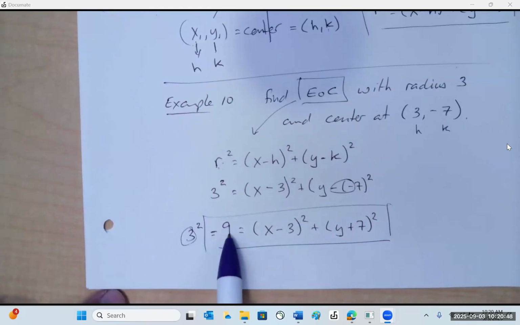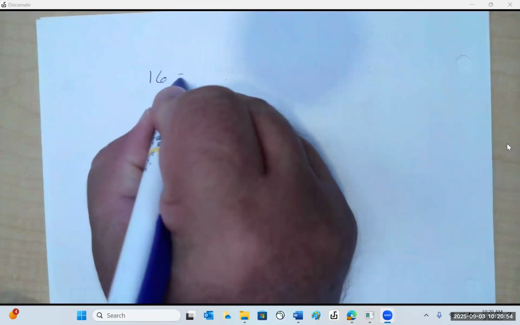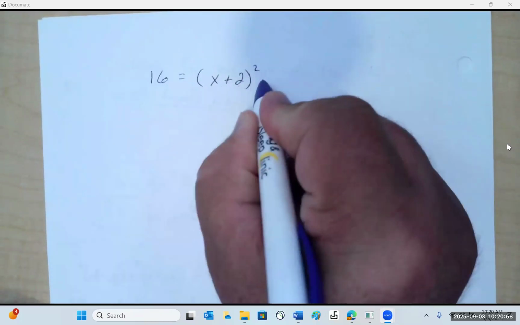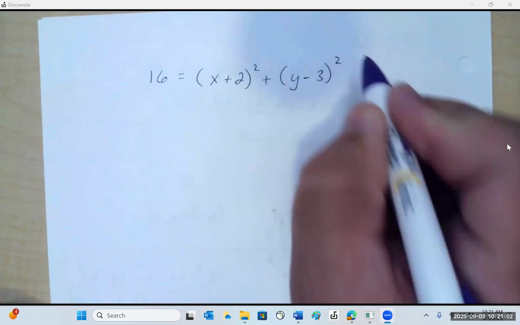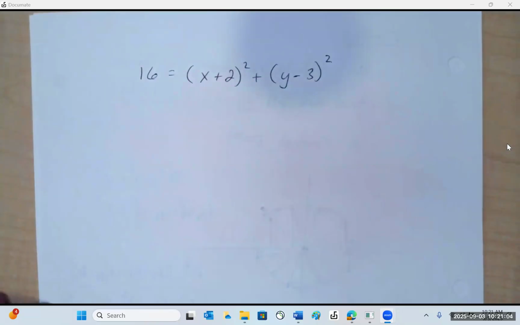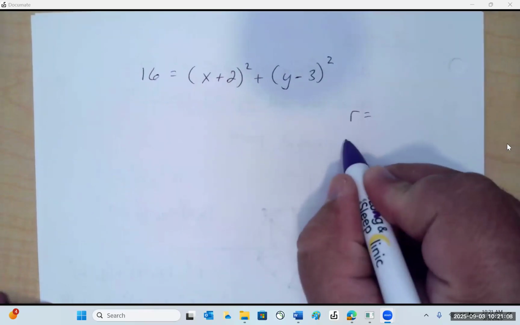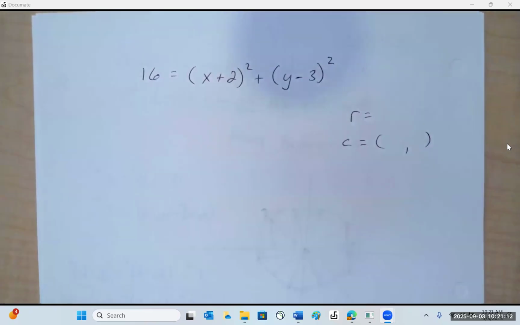If there's no square, if I gave you this, I want you to tell me the radius and the center of the circle. What's that?